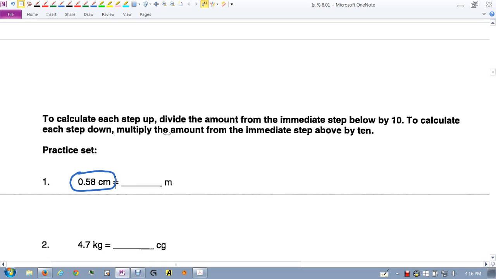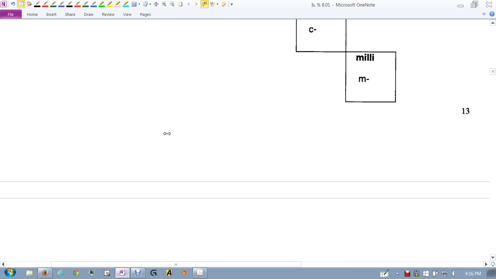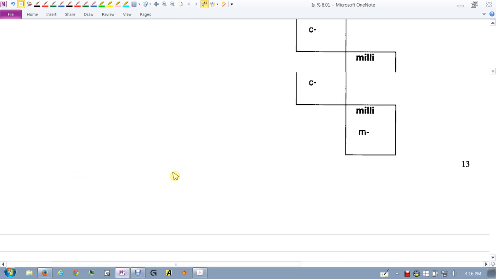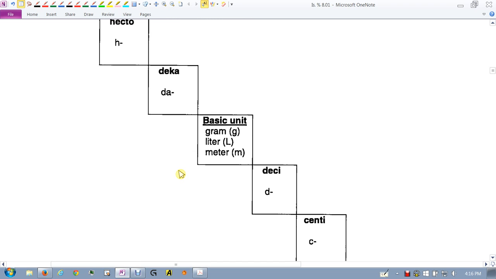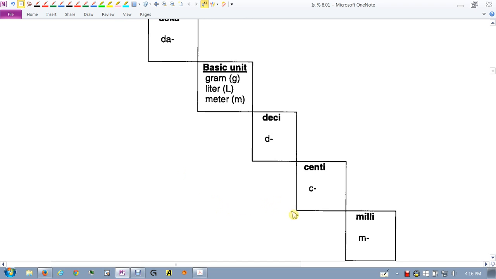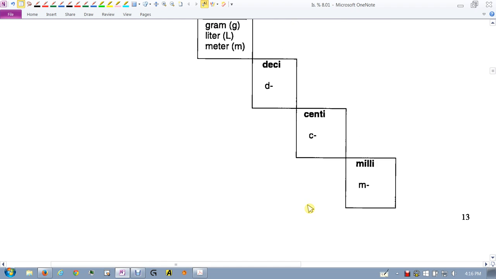So I'm going to go up to this little chart. We are given cm. So I have 0.58. So we are right here, 0.58 centimeters. And I want to convert that to what? Meters, which is the basic unit, which is up here.